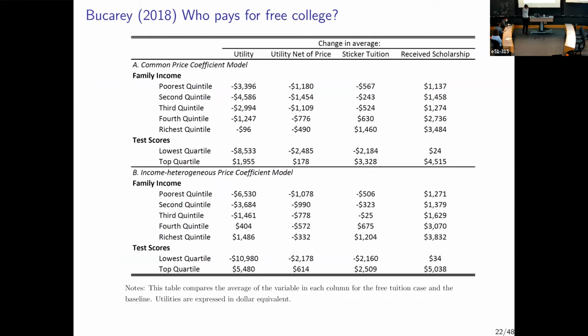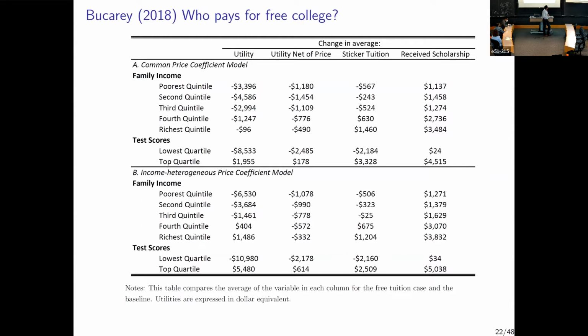Let me quickly go over this. This is the table where basically all the results come together. Let's think about panel B, where he has some random coefficient, some gamma on the price coefficient, so that some individuals are more sensitive to price than others.